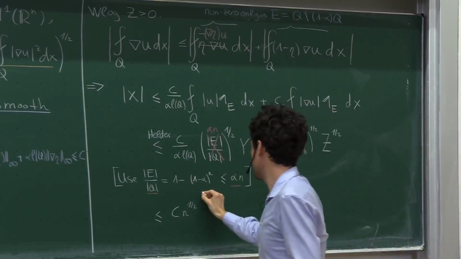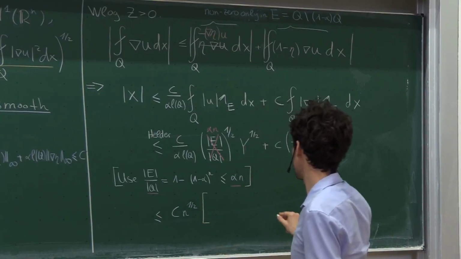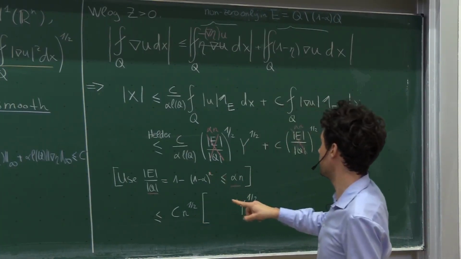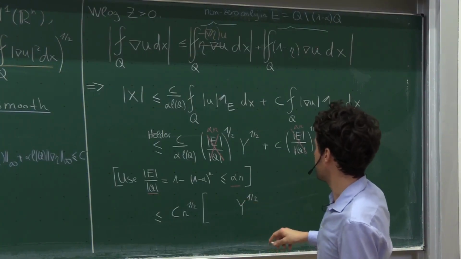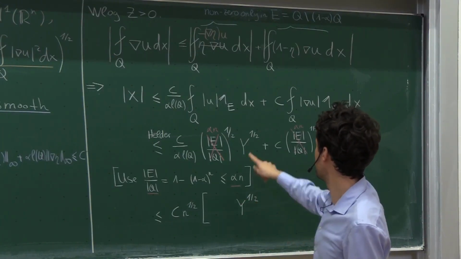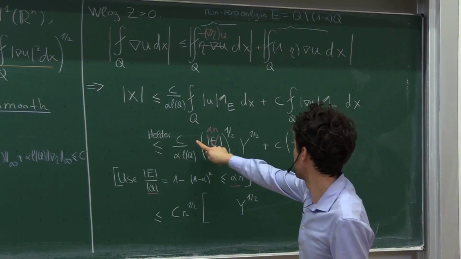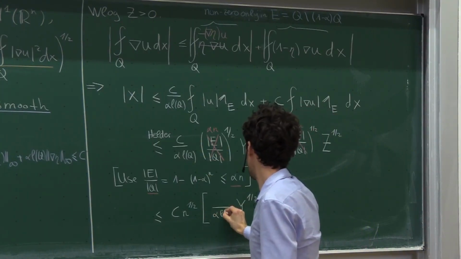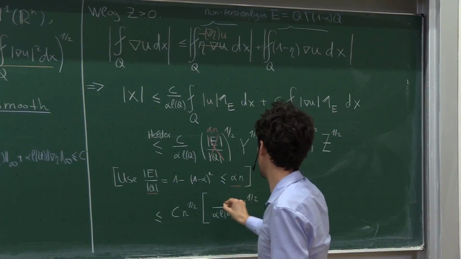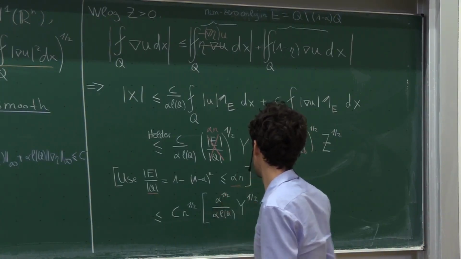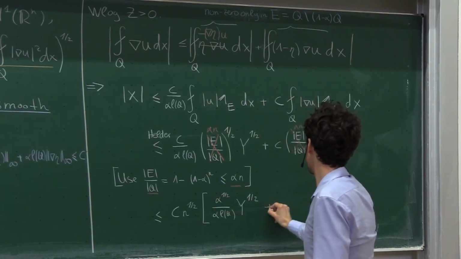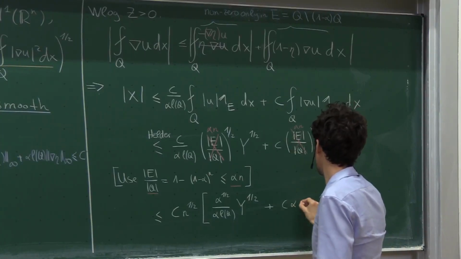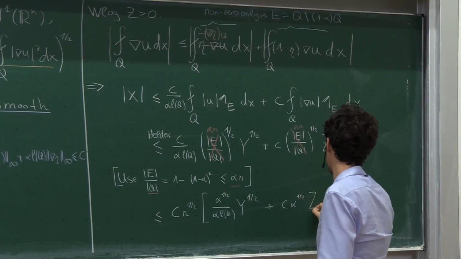And then there are going to be some terms in brackets. The y to the 1/2 is going to come with alpha L of Q, and then it's going to pick up alpha to the 1/2. And the other term is going to come with C alpha to the 1/2 times Z.